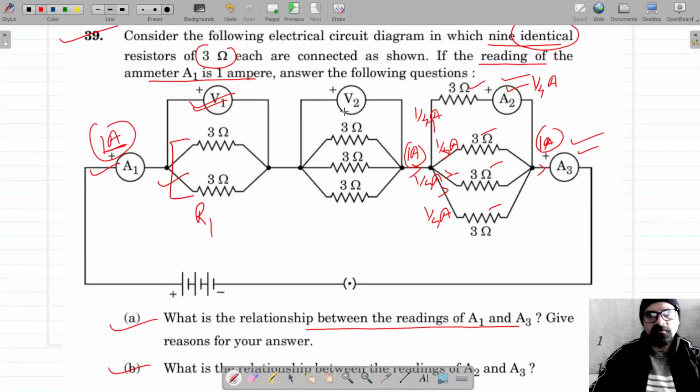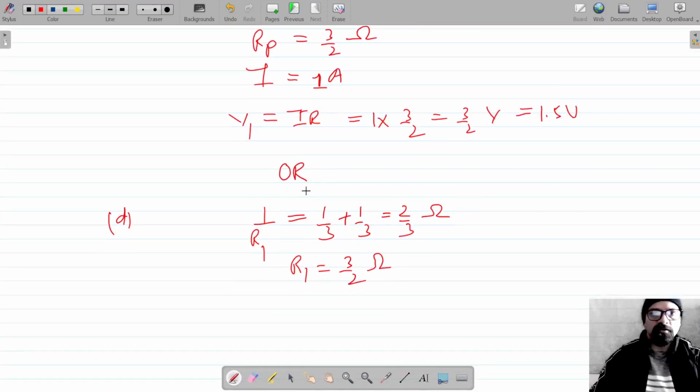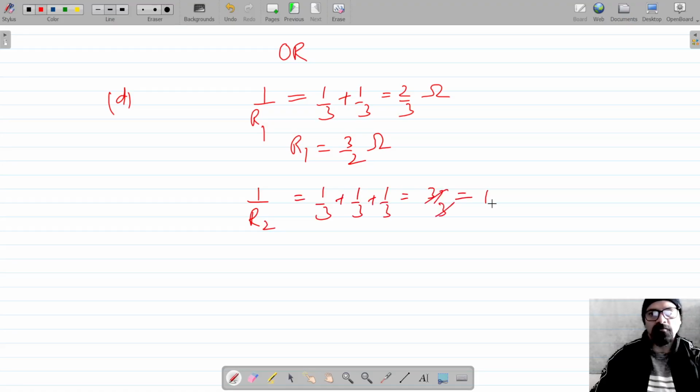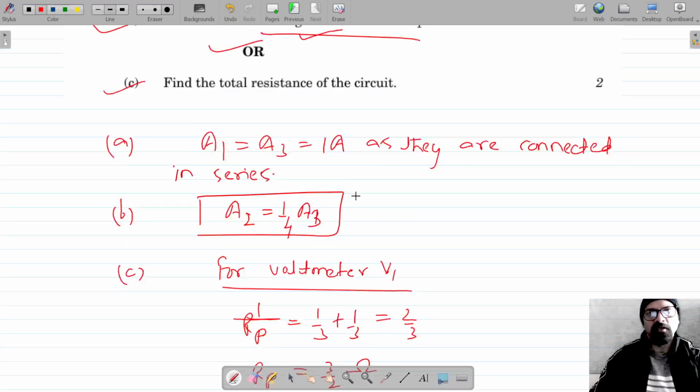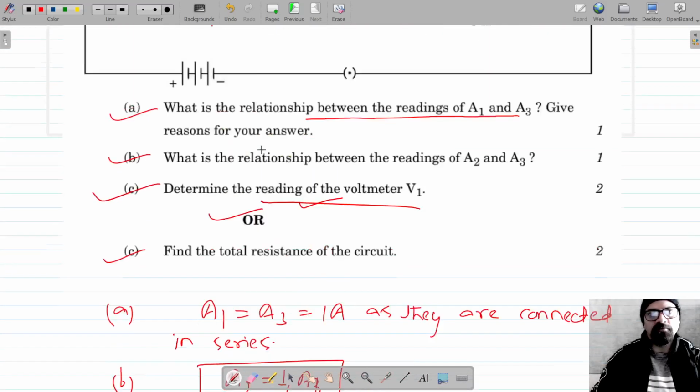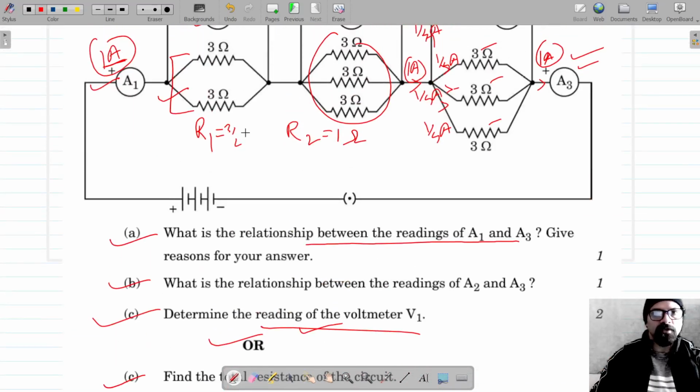Let's consider the resistance for this as R2, which are also connected in parallel. So 1 upon R2 is equal to 1 by 3 plus 1 by 3 plus 1 by 3, which is equal to 3 by 3, which is 1 ohm. So R2 is equal to 1 ohm.